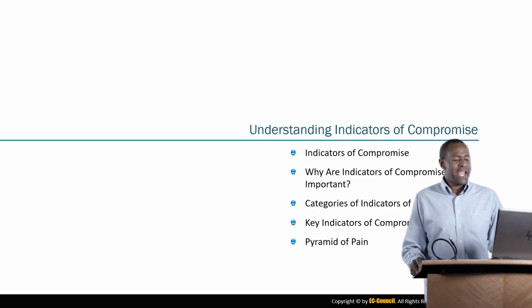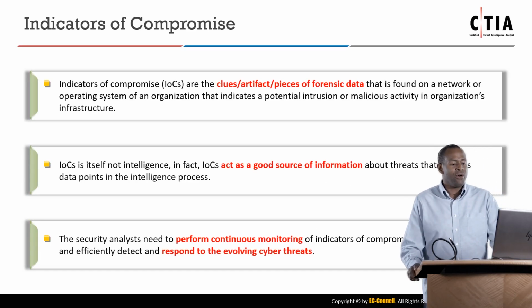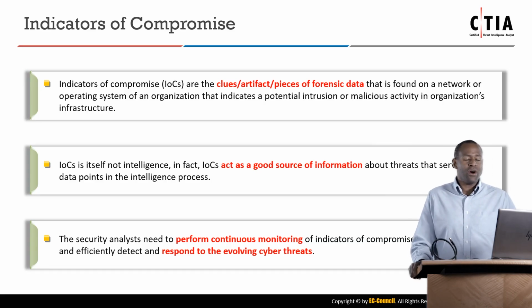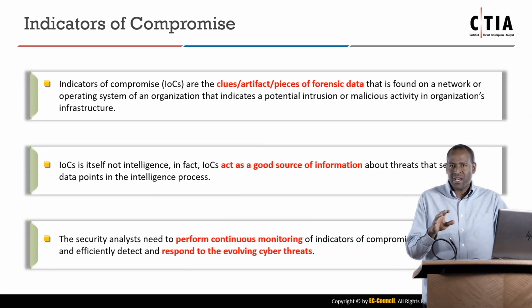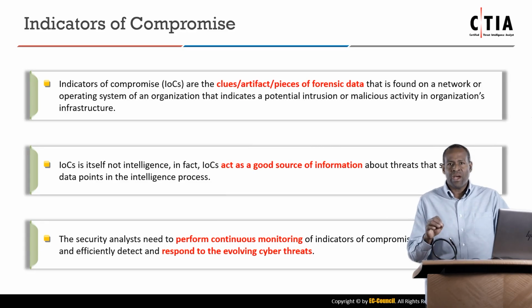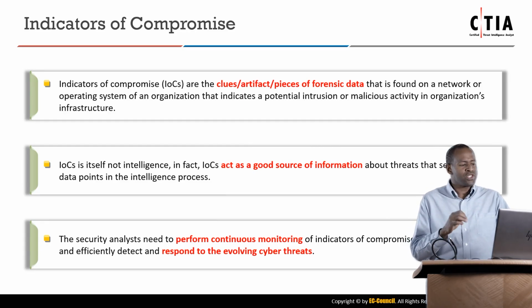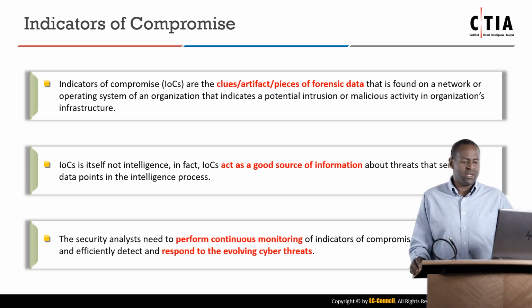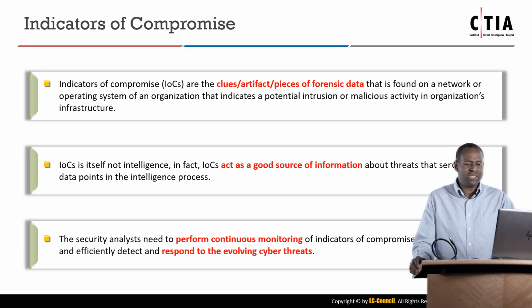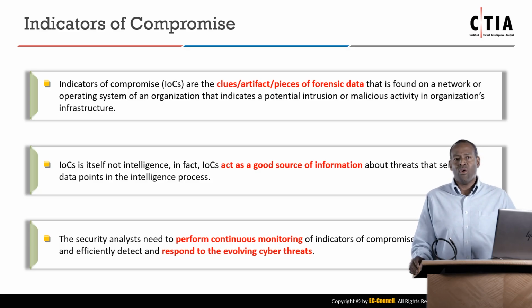All right, let's start with indicators of compromise, or IOCs. These are clues, artifacts, pieces of forensic data on the network, on hosts, on routers, on switches, on operating systems that indicate that there's been a potential intrusion, that there has been potential malicious activity on that organization's infrastructure.